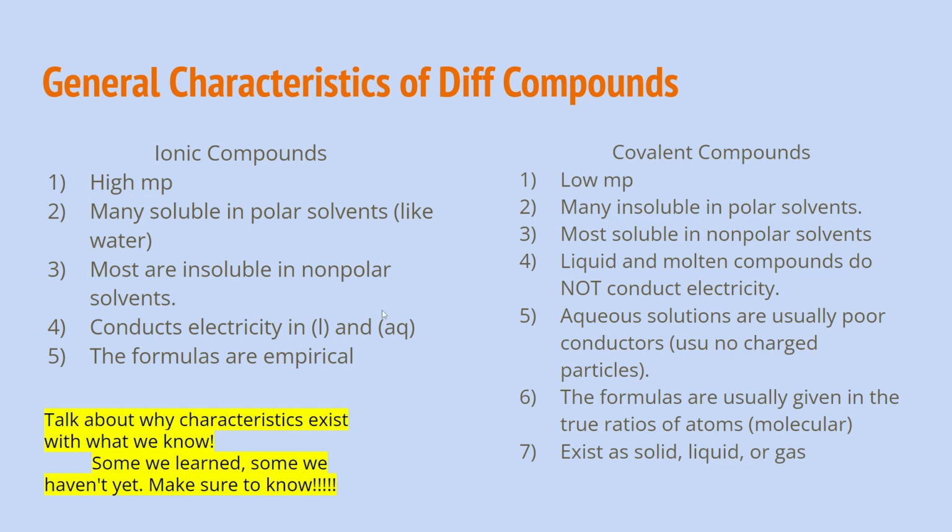Versus in covalent, we don't have charged ions. So covalents are just sharing electrons and being ever so slightly partially positive or negative, but they're not really supercharged or anything. So that's why they don't conduct electricity even if they were melted or liquid. So again, you need to be able to know why these exist based off what we've learned or are going to learn.